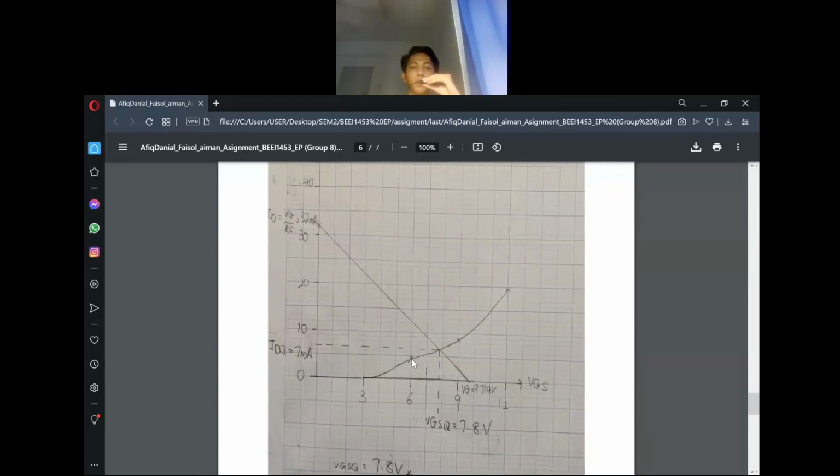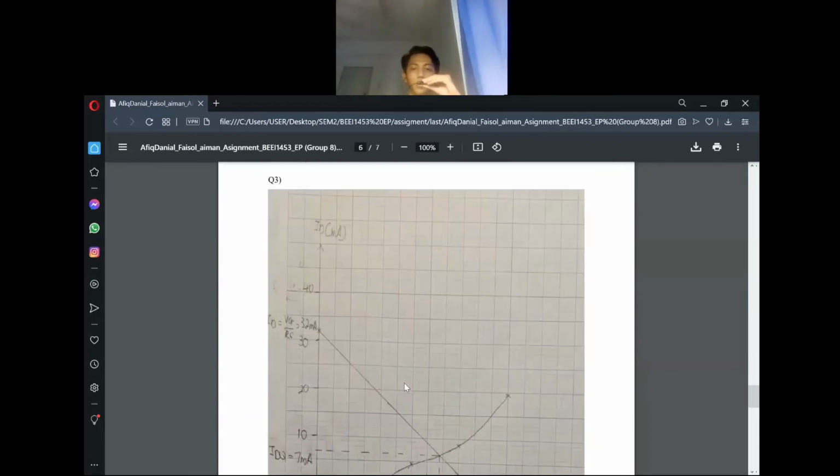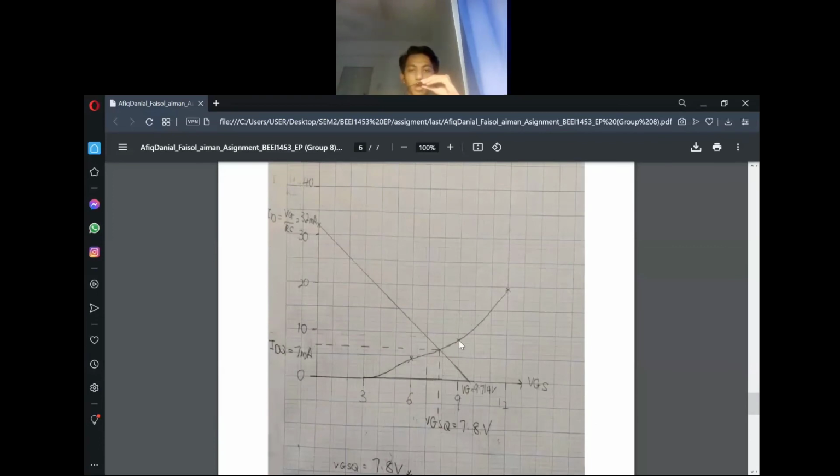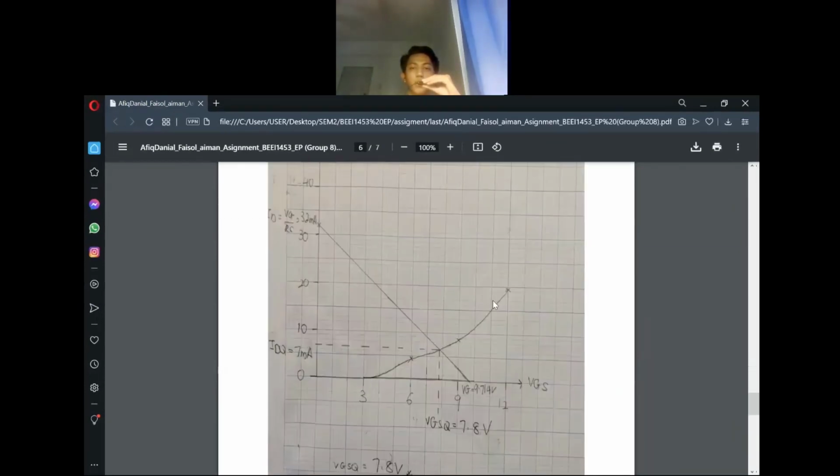We apply the same formula to find 9 volt and 12 volt. For 9 volt we get ID equal to 8.8 milliampere, and we plot this. For VGS 12 volt, we get 19.8 milliampere. We plot here and make a line. From this line we can see there is an intersection here.